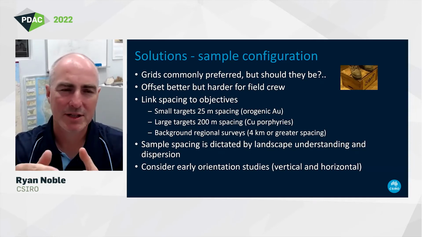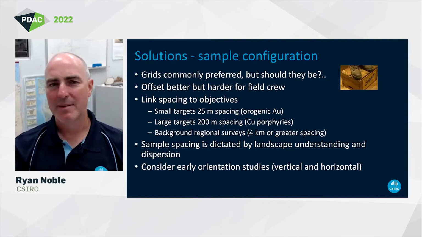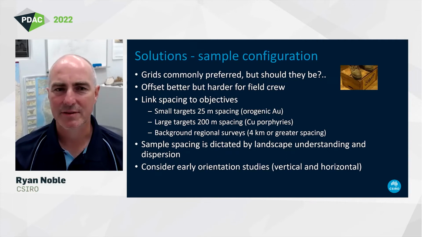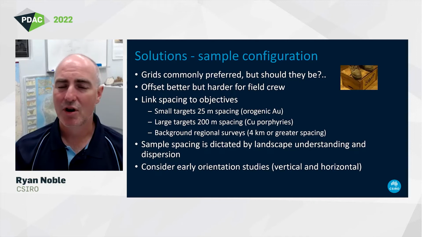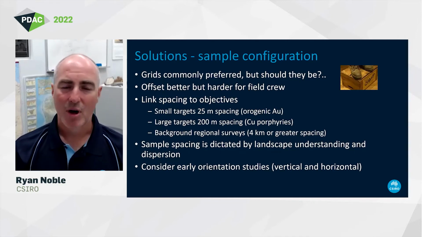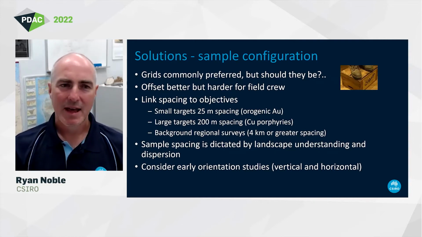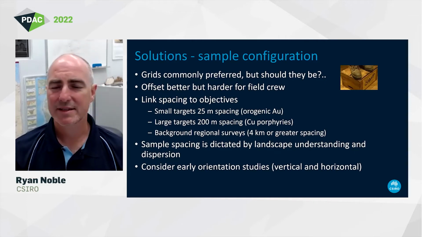So for exploration, if you're looking at small targets or small signatures, if perhaps orogenic gold may not have a big dispersion signature for gold in the cover in particular, so tighter spacing is going to be more important. Things like larger polymetallics, copper porphyries, for example, spacing can be stepped out. And then, as I mentioned, truly regional background surveys, the spacing can actually be quite broad in many cases.